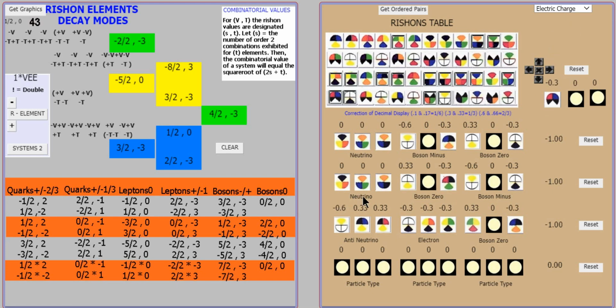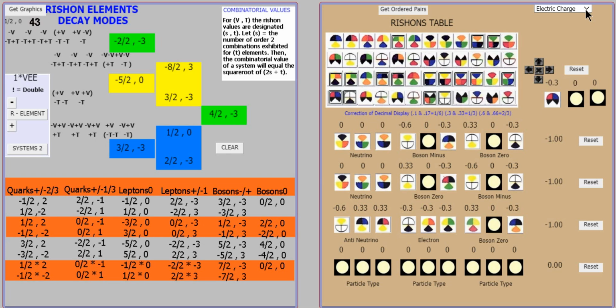And we can see that on the neutrino, the electric charge is 0, and on the boson 0, it is also 0. So the total electric charge on the tau neutrino is 0. And the boson minus is carrying away the -1 charge that was on the tau lepton.